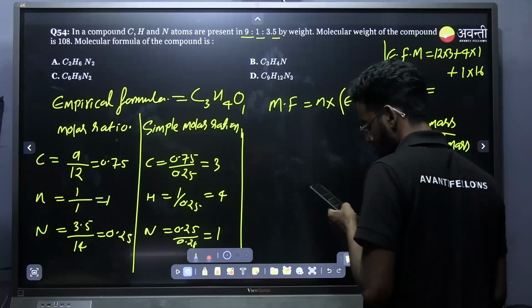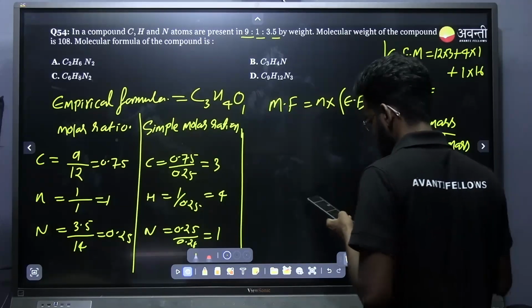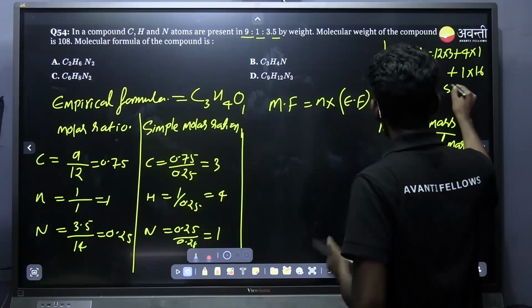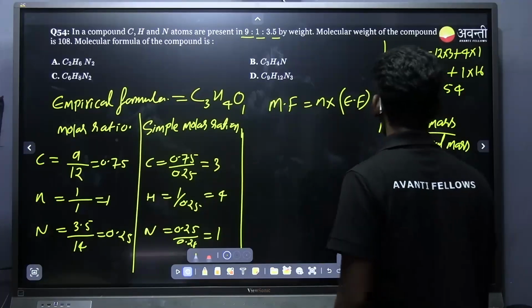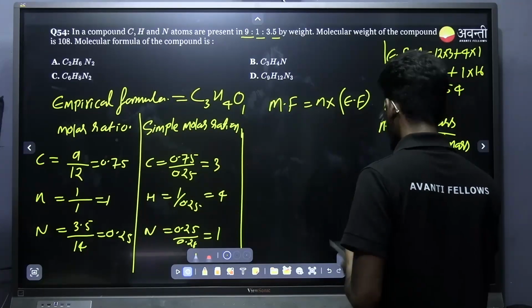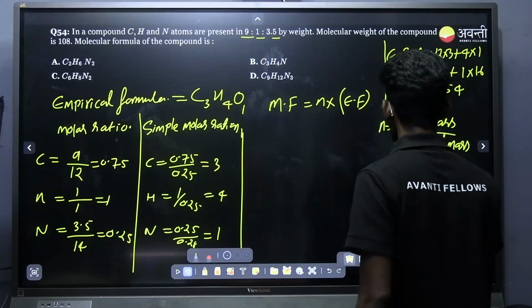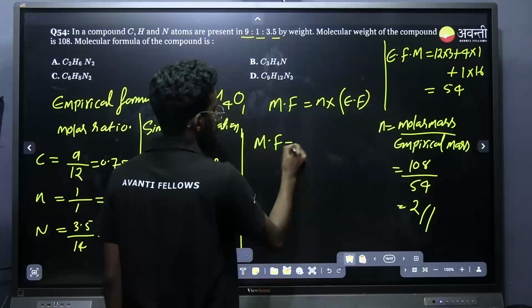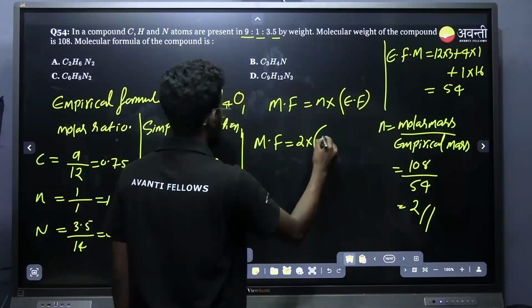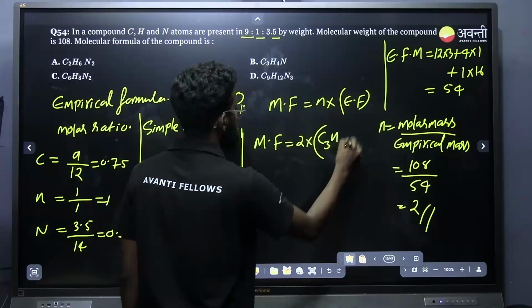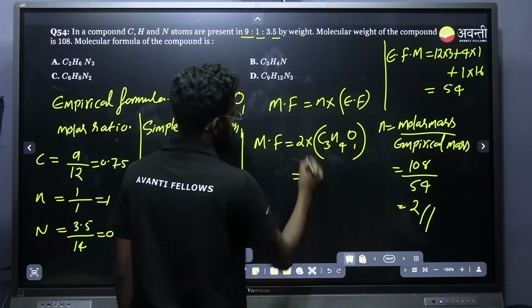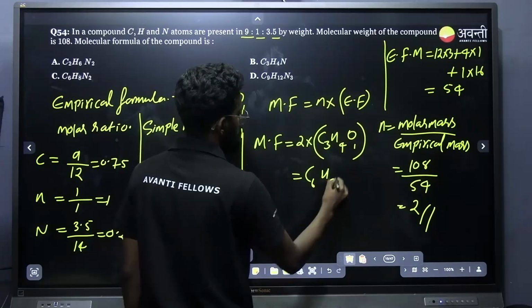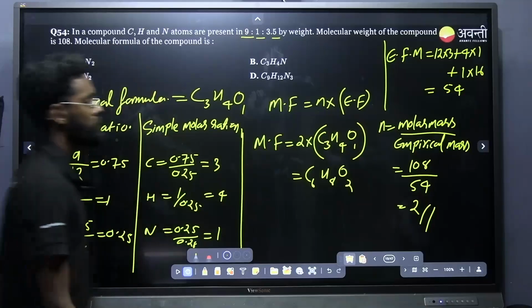What is the empirical formula mass you got? It is coming 54. So on doing this, you will get the value of N as 2. If the value of N is 2, the molecular formula is equal to 2 into the empirical formula, C3H4N. What is it? C6H8N2. This is the answer.